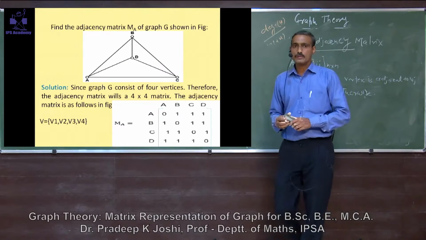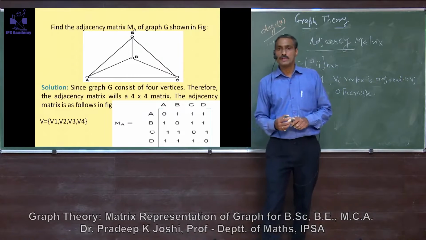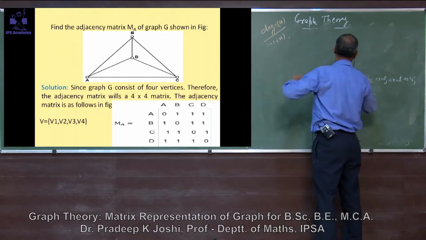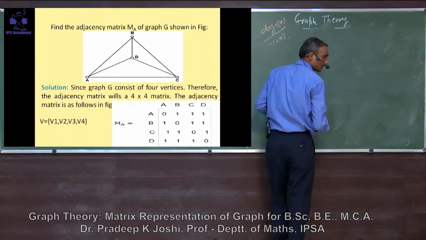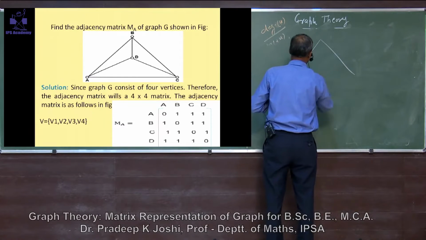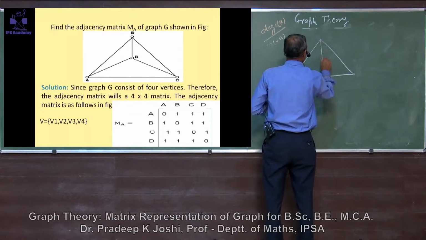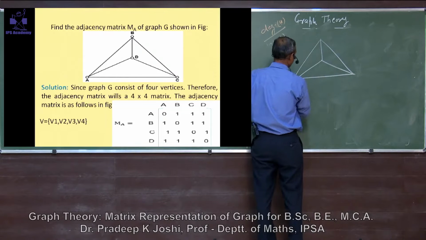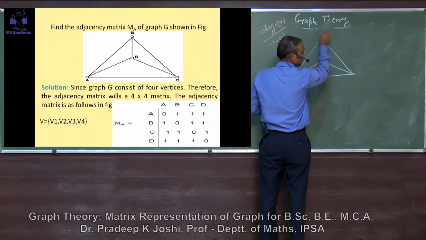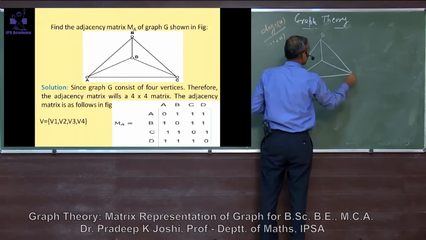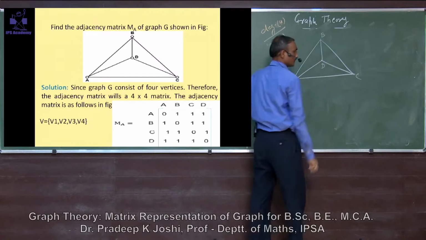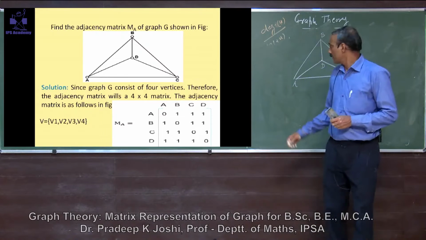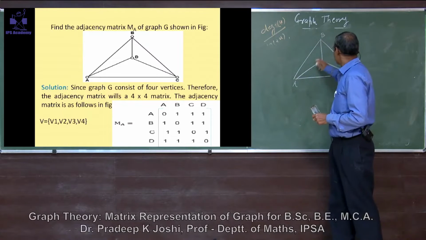For the given example, we find the adjacency matrix for the given graph. The graph is defined here. We can label the vertices A, B, C, and D. We are not labeling the edges because that is not required here.